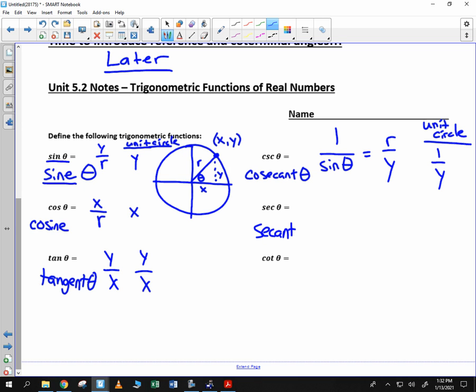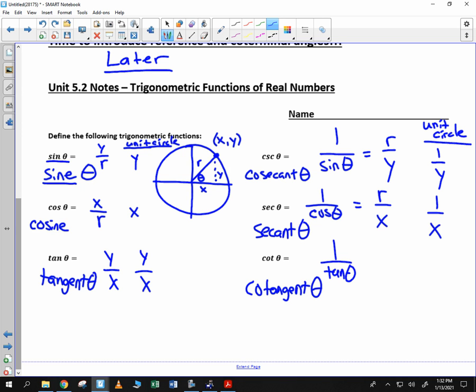Secant of theta is 1 over cosine of theta, which is r over x, or in the unit circle, 1 over x. And then cotangent of theta is going to be 1 over tangent of theta. It is the reciprocal, which would be x over y. In the unit circle, that remains x over y. So those are 6 trigonometric functions that you need to know. The earlier you can commit them to memory, the better off it is.